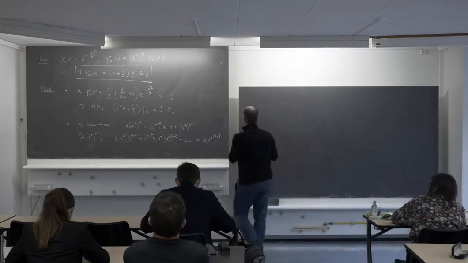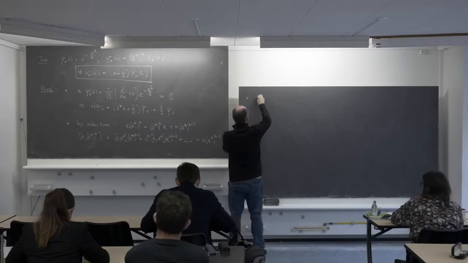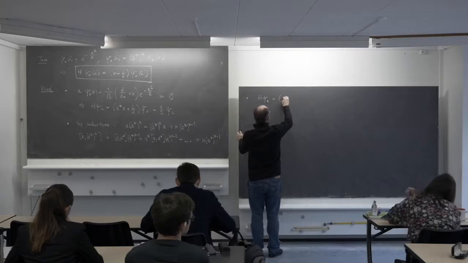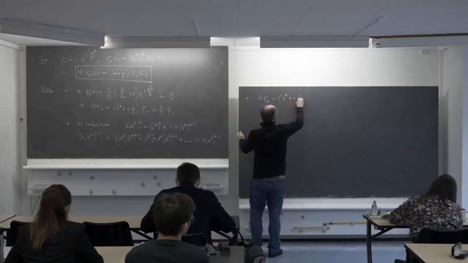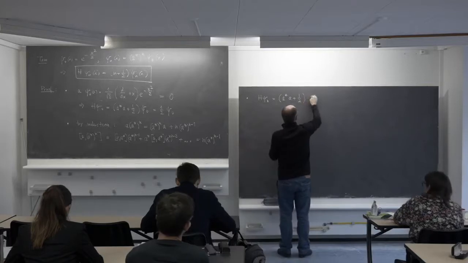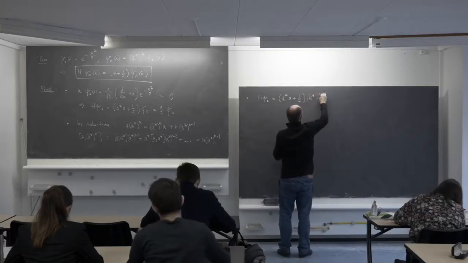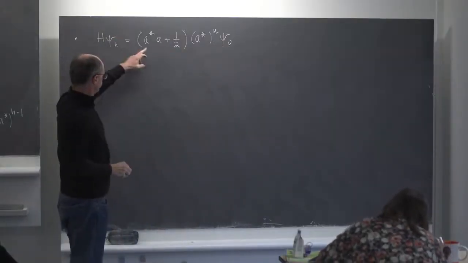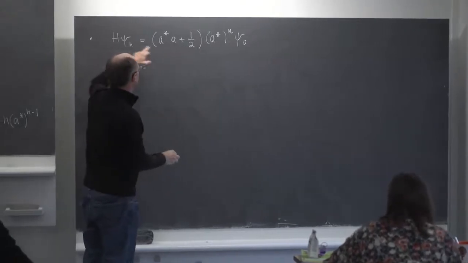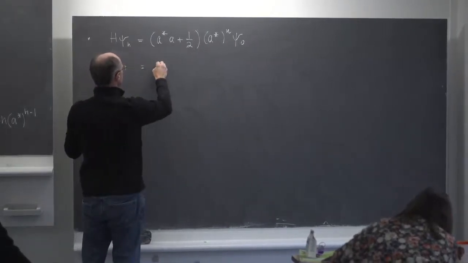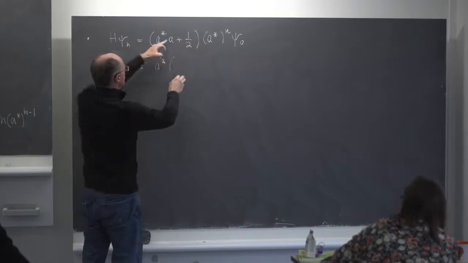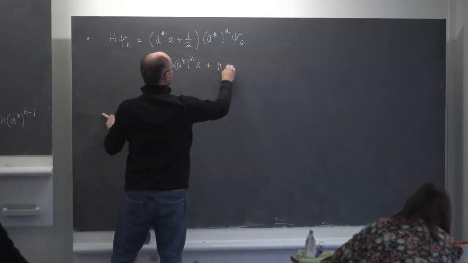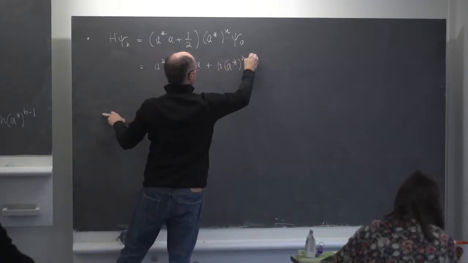Okay. Now I apply h to psi n. So this is equal to a star a plus 1/2 acting on a star to the n psi naught. And here I can use the identity that I proved before. So this is equal to a star times a star to the n a plus n a star to the power n minus 1, right?